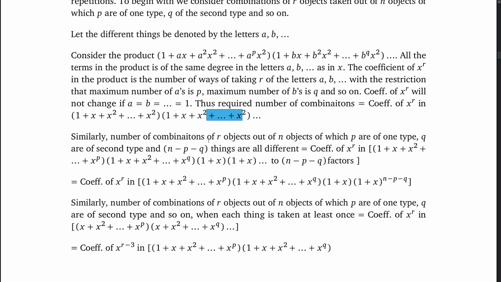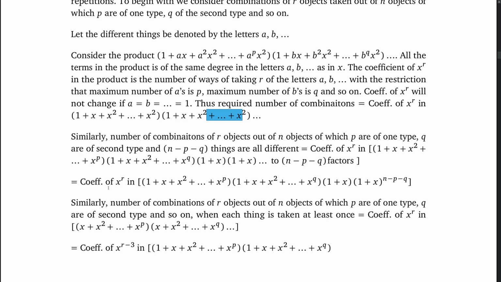Similarly, the number of combinations of R objects out of N objects, of which P are of one type, Q are of the second type, and N minus P minus Q things are all different, will be given by the coefficient of x^r in (1 + x + x² + ... + x^p)(1 + x + x² + ... + x^q)(1 + x) to the power n minus p minus q factors.